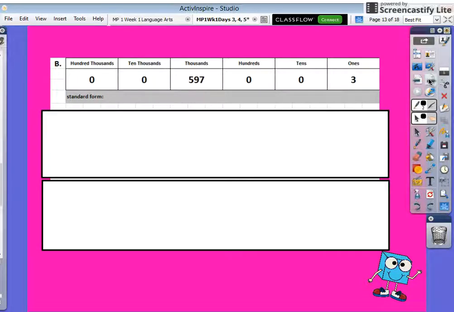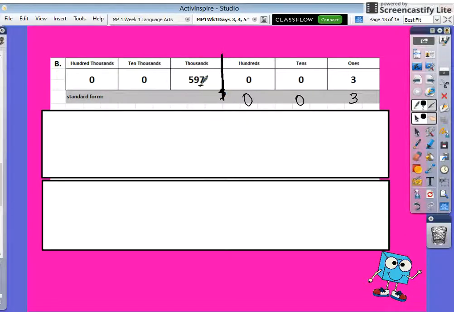Now, if we were to look here, we have a chart that looks something similar to the last one, where it's a little confusing. We know that there can only be 1 digit in each column, and so this would be a 3. This stays a 0. This stays a 0, and we know that there is a comma between the ones and the thousands period, and so we add our comma.